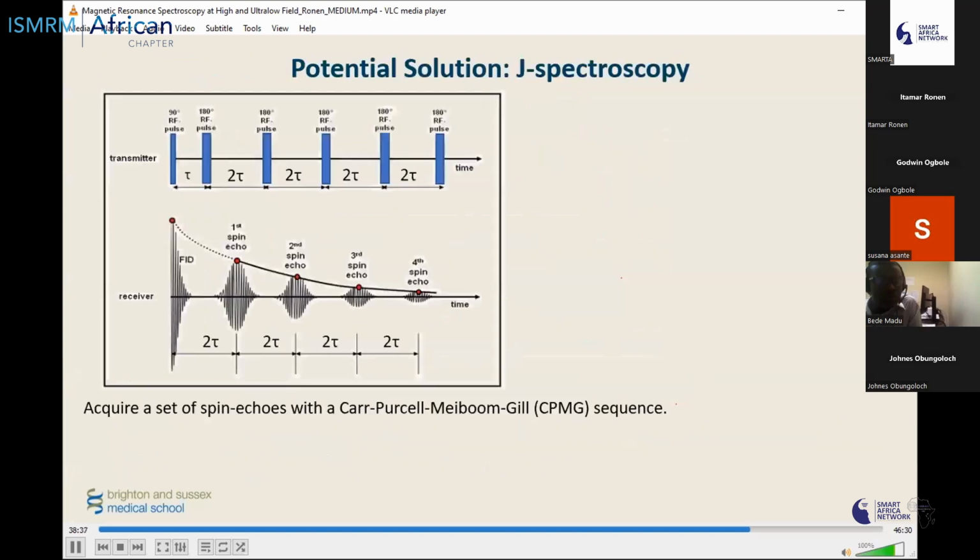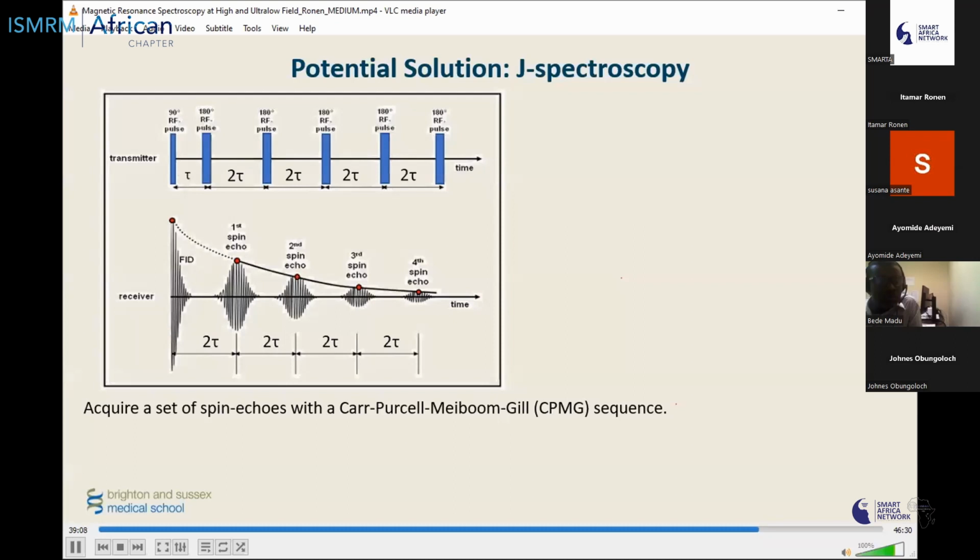But to the rescue comes a very old MR physics principle. And this is the principle of taking spectra out of a series of spin echoes, one after the other, using the so-called Carr-Purcell-Meiboom-Gill sequence, which is a sequence of 180-degree pulses following the excitation that gives rise to consecutive echoes that come one after the other to generate what we call an echo train.